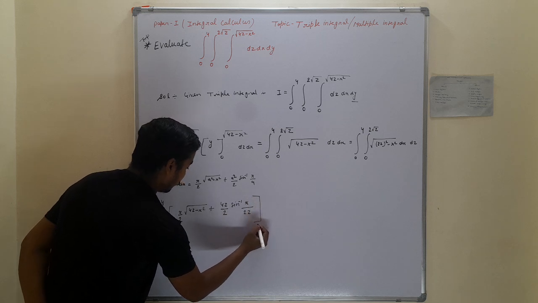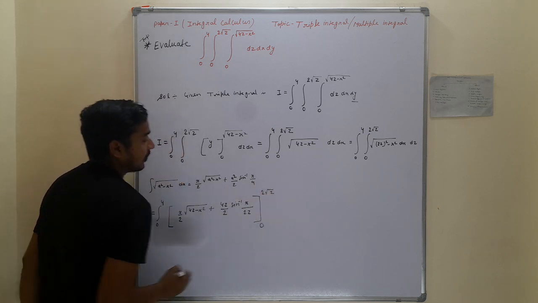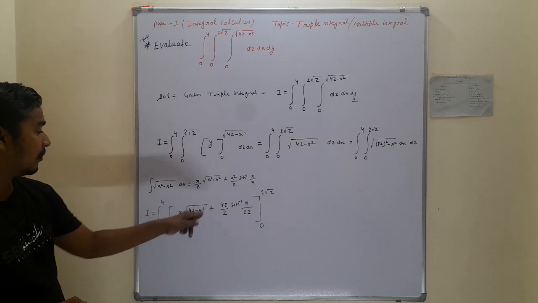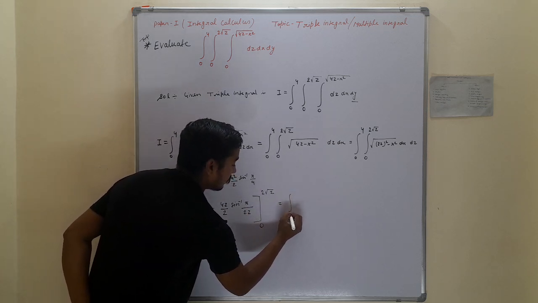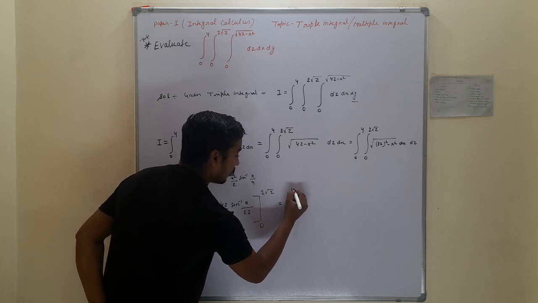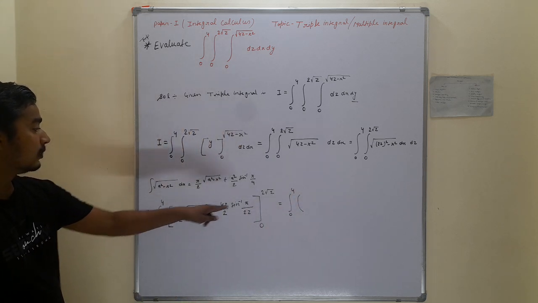Applying the limit 0 to 2 root z, we apply the upper limit, so we write integral of 0 to 4, and in place of x we put 2 root z.